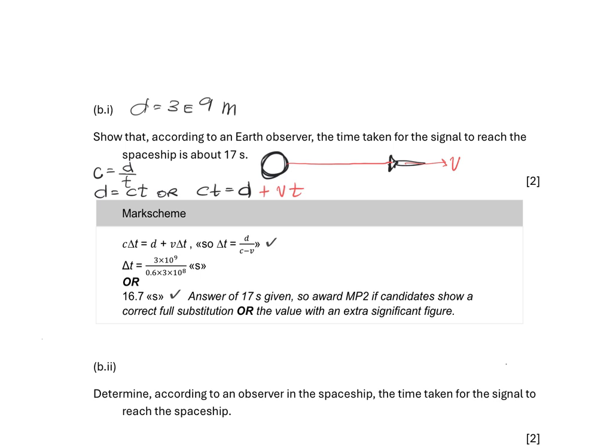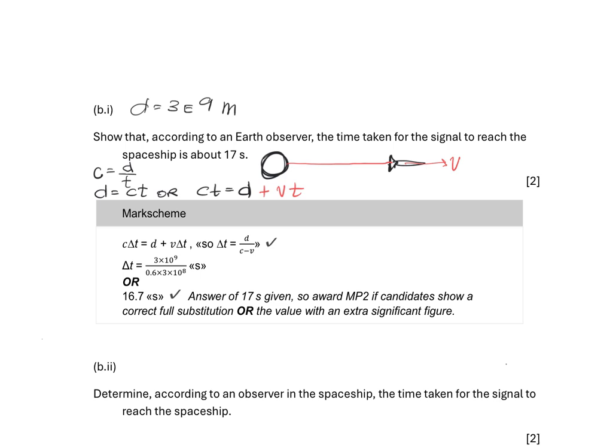So the spaceship is moving with a velocity v, and we have to account for that as well. The distance to the spaceship is the light travel distance, but also the vt of the spaceship.